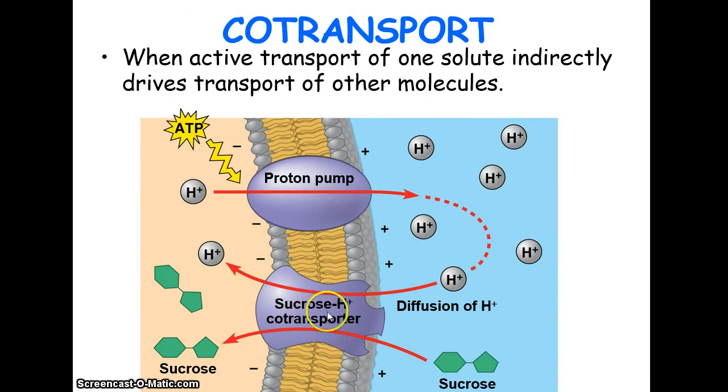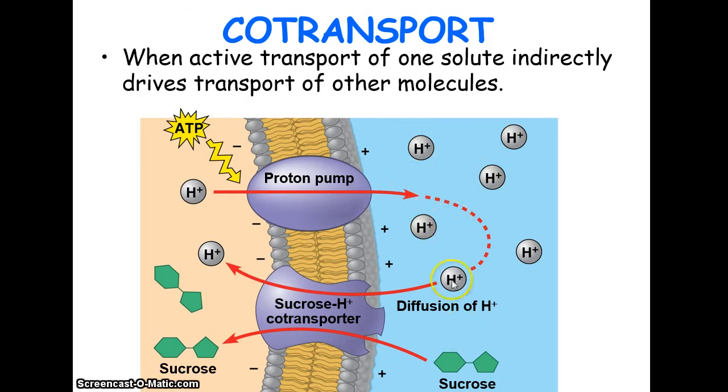But notice that this particular protein will only carry sucrose across if, in addition to sucrose, hydrogen binds. And because it takes energy, a proton pump, to pump the hydrogen out here, then indirectly, sucrose does require energy in order to get into the cell, because the hydrogens wouldn't be out here without energy going in to pump the hydrogens out there.